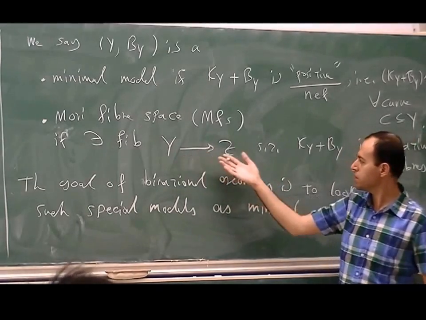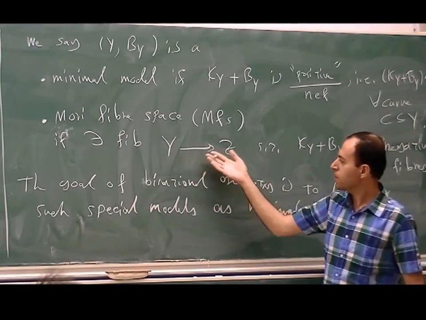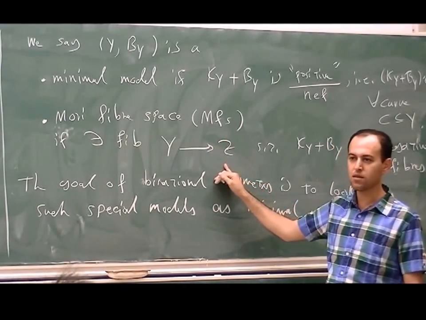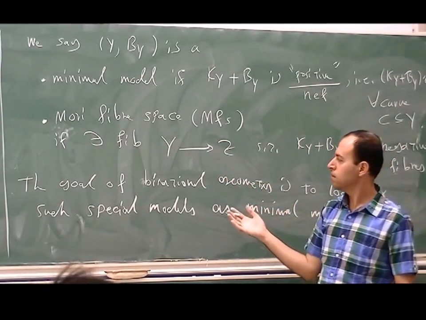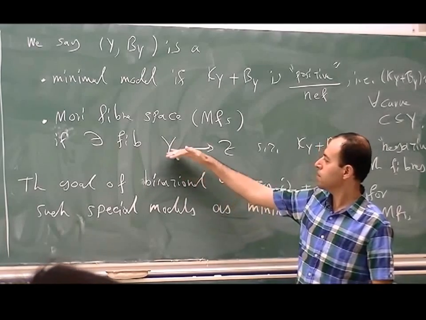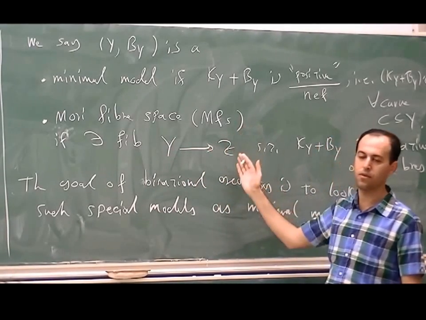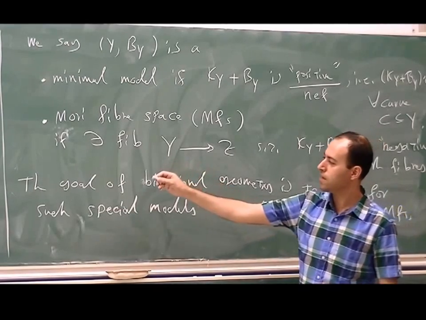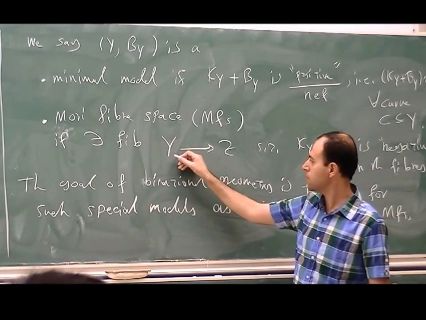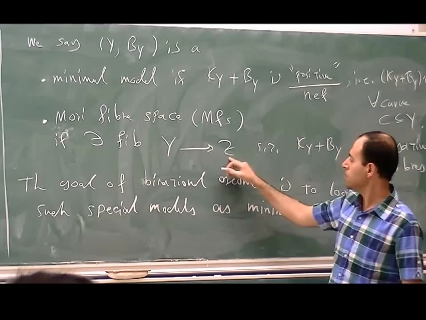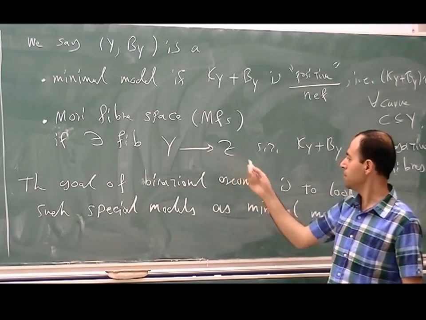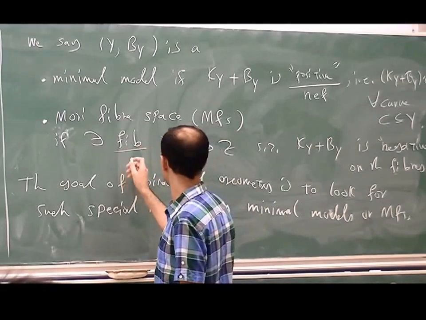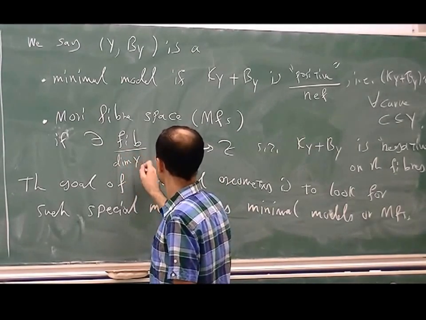You have this fibration, and when you are given a fibration, you can look at the fiber, you can look at the base, and you can try to understand the variety Y in terms of the fiber and the base. So for example, if you are looking at the dimension 2 case, so this is a surface, and then you have a fibration over some other variety. Fibration here means that dimension actually drops.